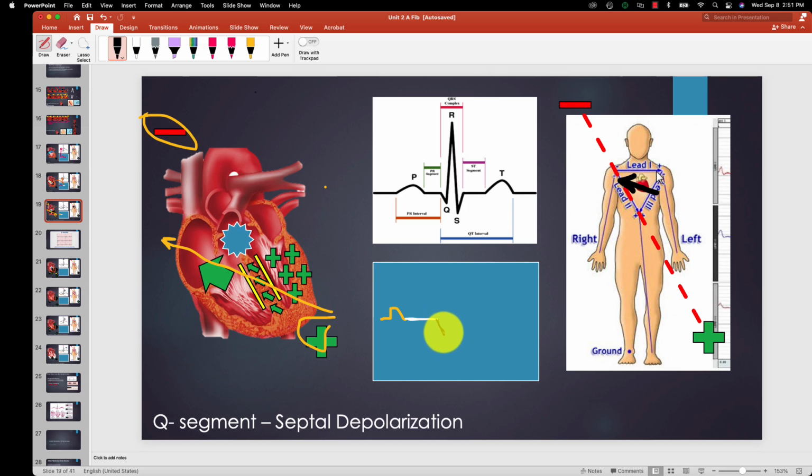All right, isn't that cool? Isn't this insane how they discovered this? So that's how we get the P, the PR, and the Q. Because the majority of these charges are going in the direction of the negative electrode, right? So it's going up here, and that's how these electrodes are. It's just fascinating to me how they figure that out.